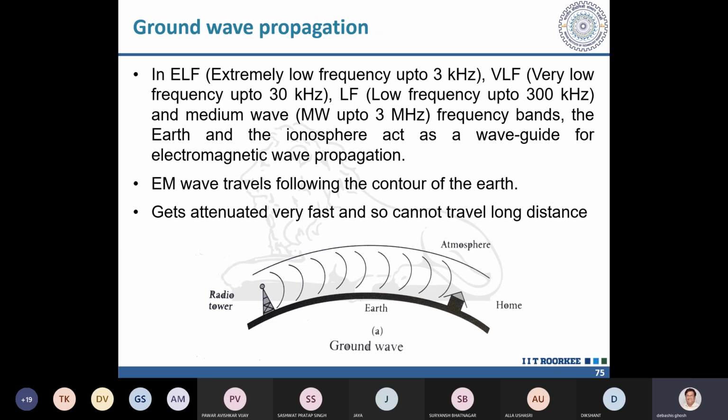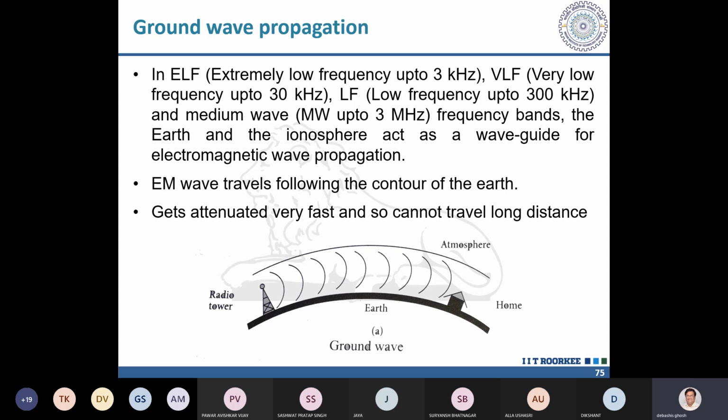What happens in this case is that the earth and the ionosphere above act as the two plates of a waveguide. I have talked about waveguides earlier: there are two parallel plates, and your waves are propagated through that waveguide.